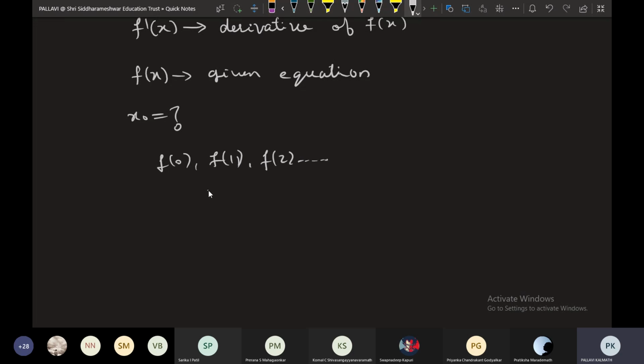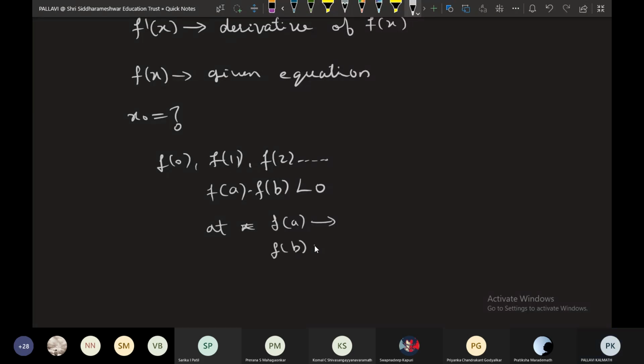Then you will find the values such that f of a into f of b is less than 0. Then you will find whether the value is closer for A or whether it is closer for B.